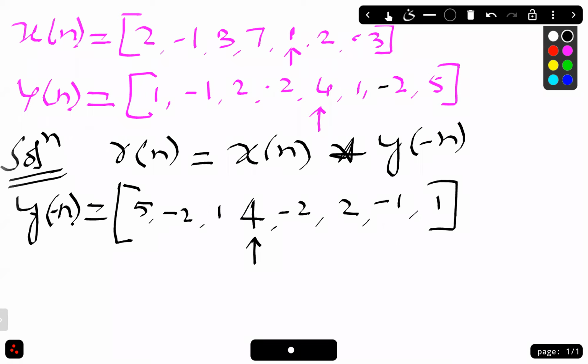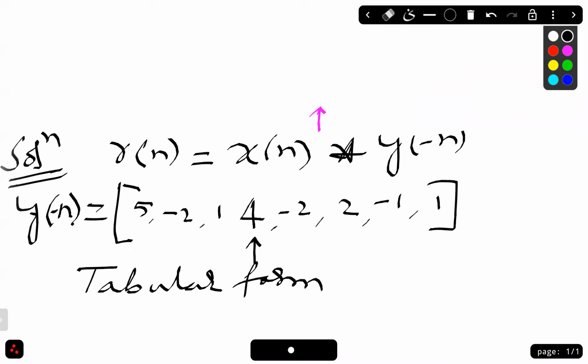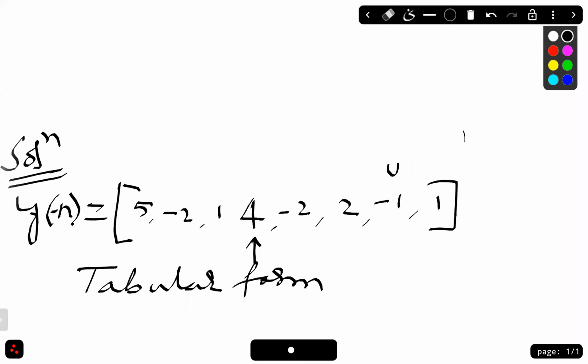Now we have to use the tabular form method of calculating the convolution. And everyone knows what the tabular form is. So let me write the whole thing once again so that we can understand clearly how to perform this with the tabular form.